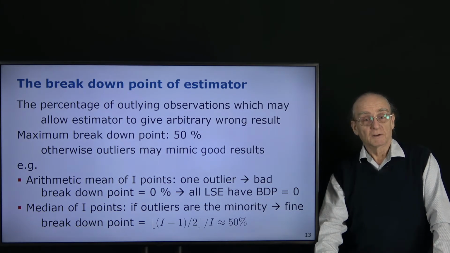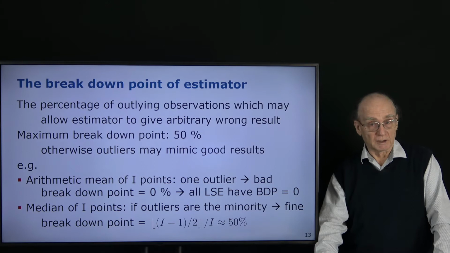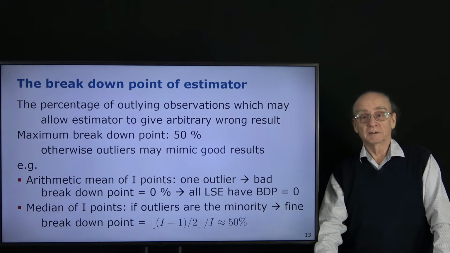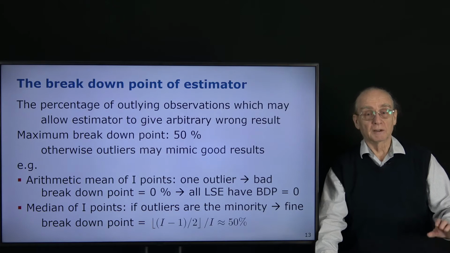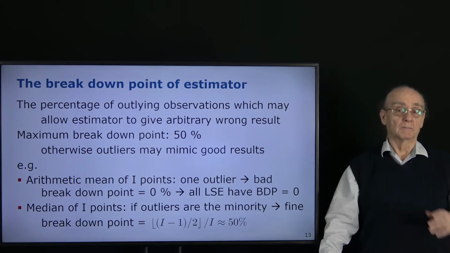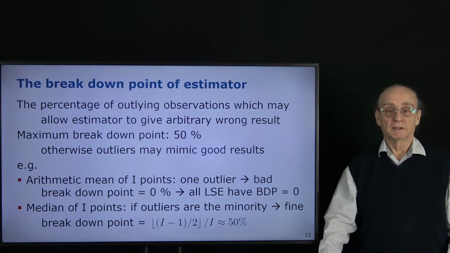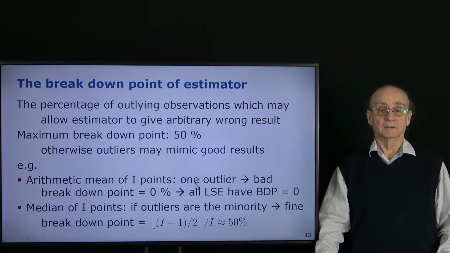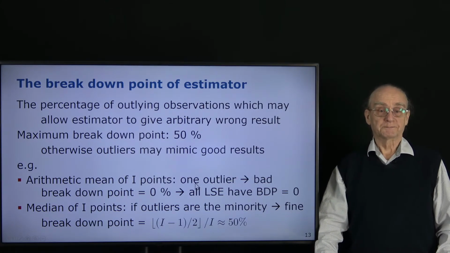That means the breakdown point of this estimator is 0% because it doesn't allow any outliers. And unfortunately, all least squares estimates have a breakdown point of 0. So you always can just add one bad point, one bad observation, and you can make the result arbitrarily wrong.